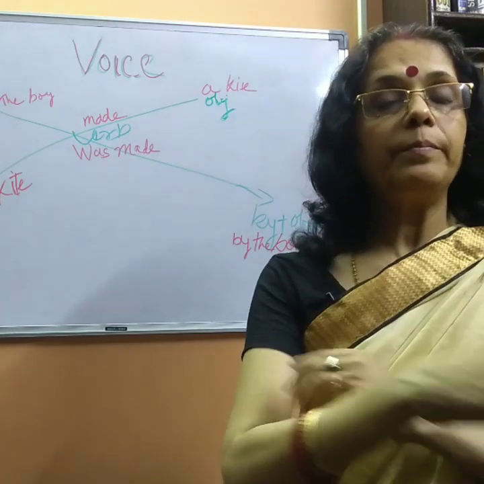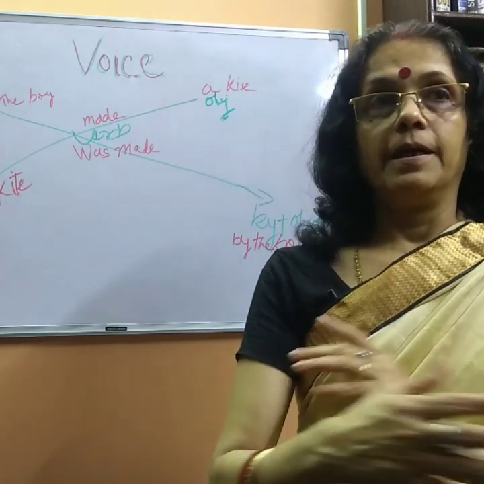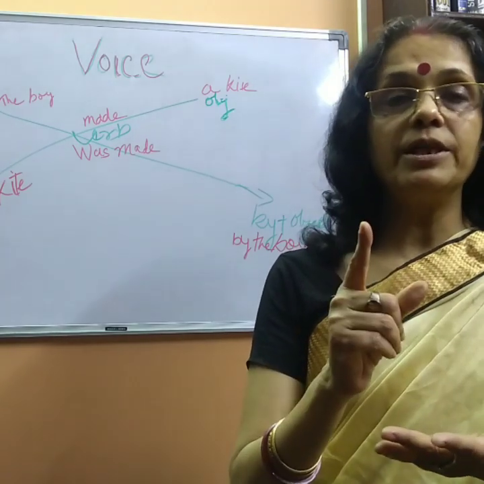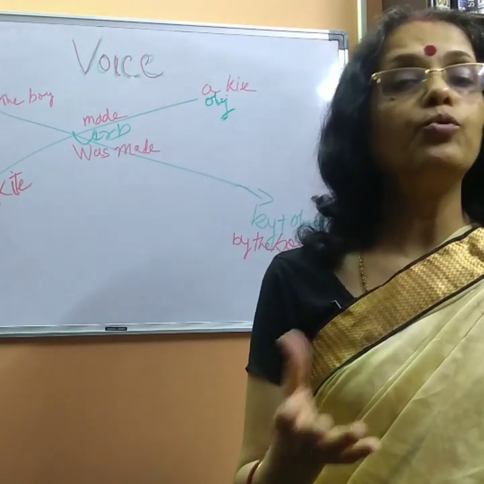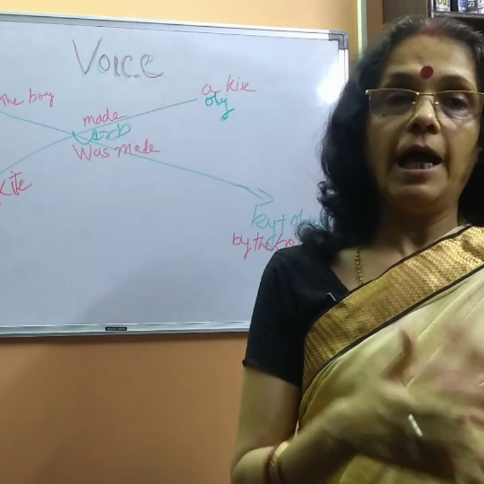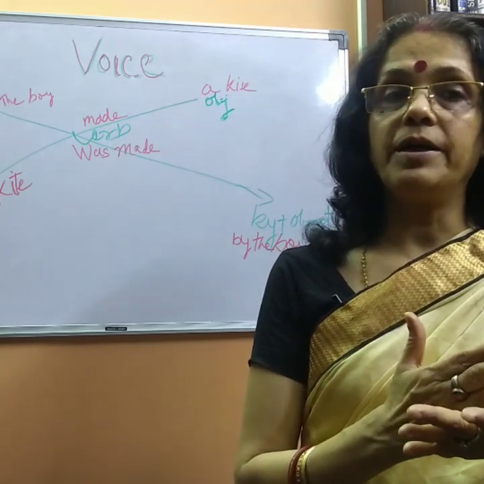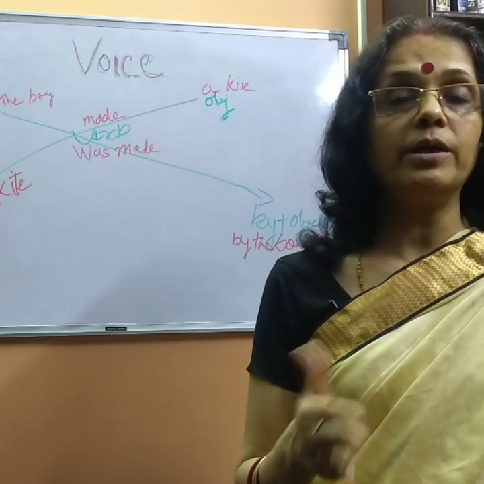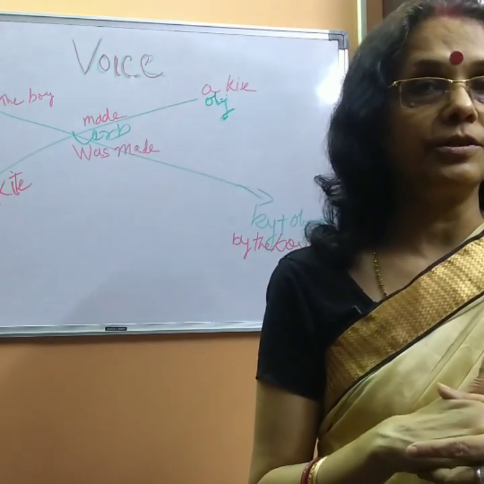So the verb can be of two types. In some sentences, we find that the subject itself is the doer of the action. And in some sentences, the subject is the receiver. It is not doing any work, it is the receiver of the action.